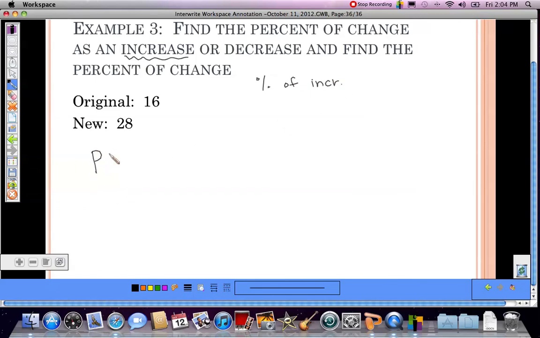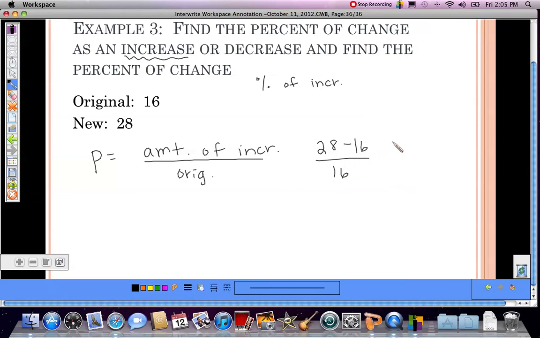Now remember, our formula is the amount of increase, and that will always be divided by the original number. So our amount of increase can be found by simply subtracting these two numbers. So 28 minus 16, and we're going to divide it by that original amount of 16.